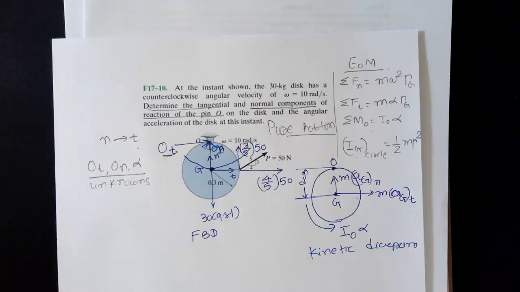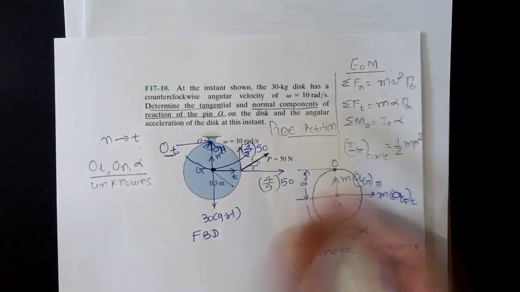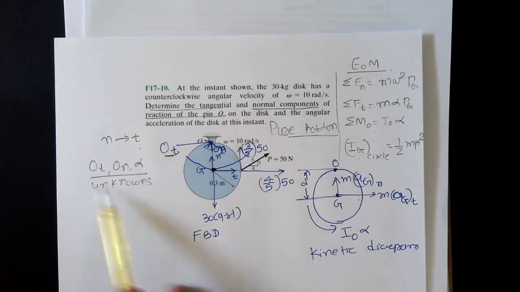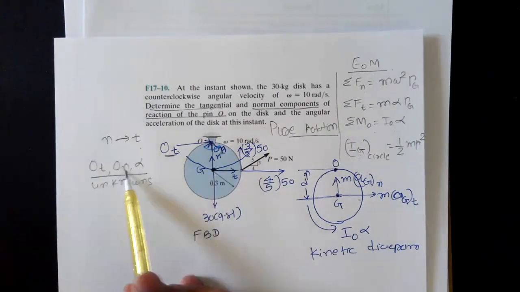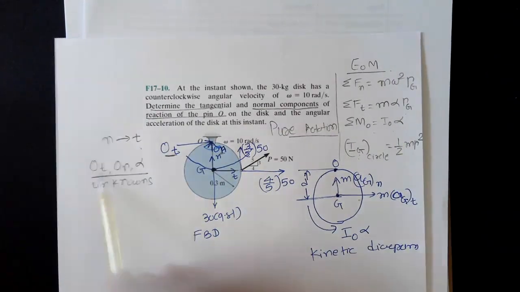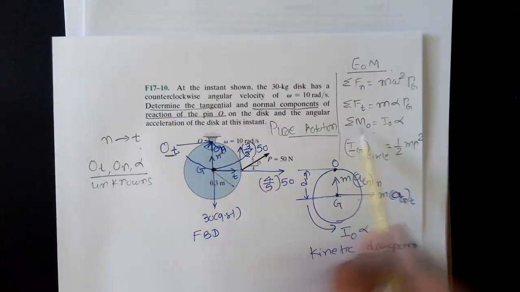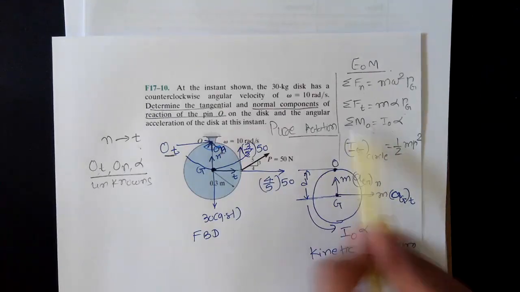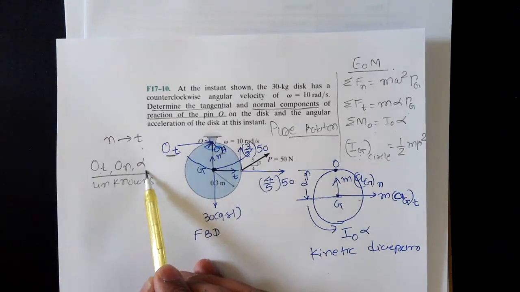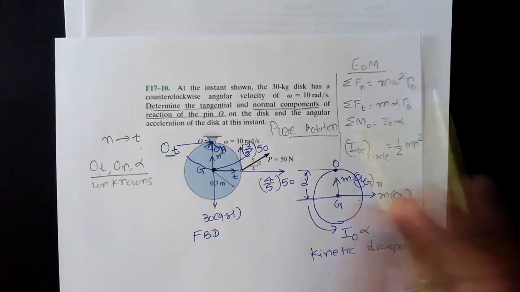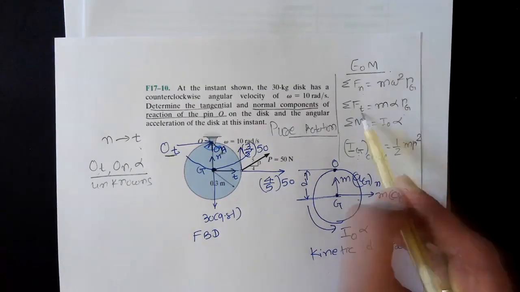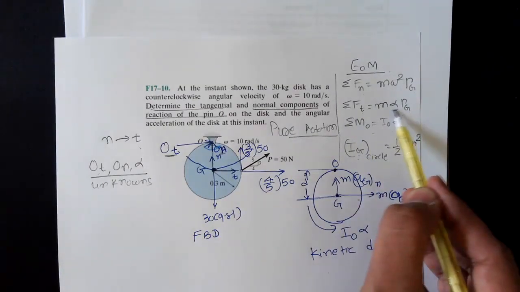So when we apply this equation, that's the sum of forces in normal direction, that will give us the value of ON. Sum of forces in tangential direction will give us value of OT, and third one, sum of the moments about point O will give us the value of angular acceleration alpha. However, if you carefully notice, then for the equation of tangential forces, we need the value of angular acceleration alpha.